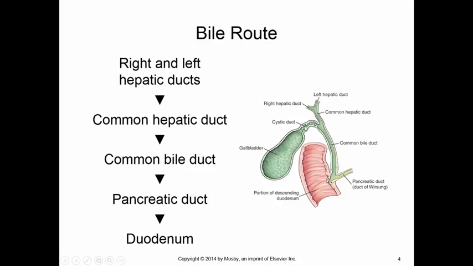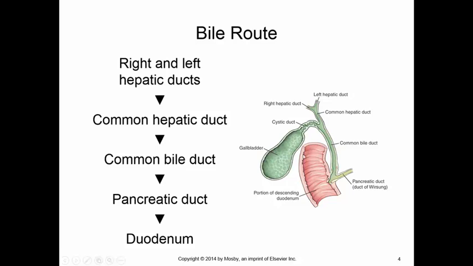Now, it enters the gallbladder for storage purposes only. So if the bile can be used, it will travel immediately down into the duodenum, but we'll talk about that in just a second. If it's following the cystic duct into the gallbladder, that is for temporary storage.